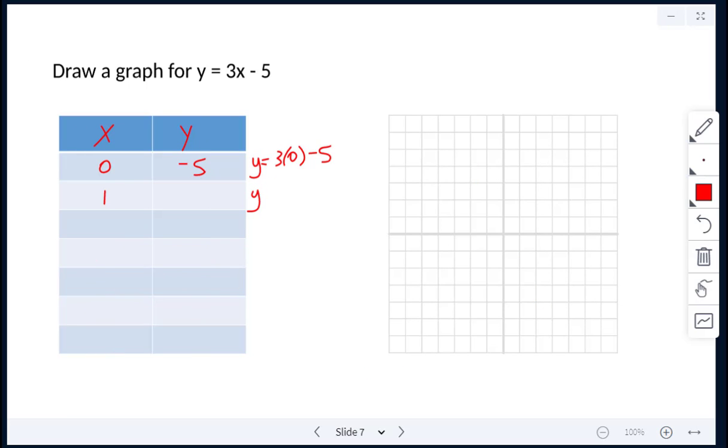For this example, our graph is for y equals 3x minus 5. So again, we would just use our values for x. I chose 0 as my first value for x, substituted it in our equation. So 3 times 0 is 0. 0 minus 5 gave me negative 5. So that would be my first point on the graph at 0, negative 5.